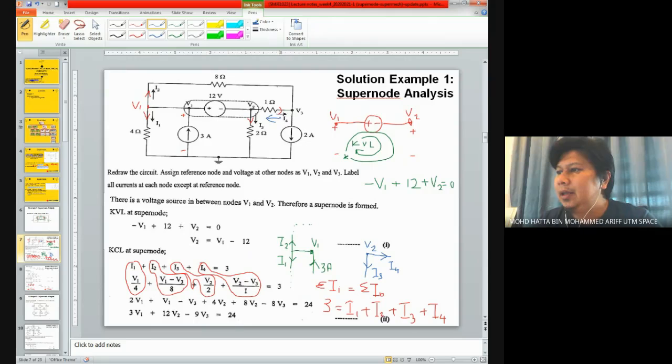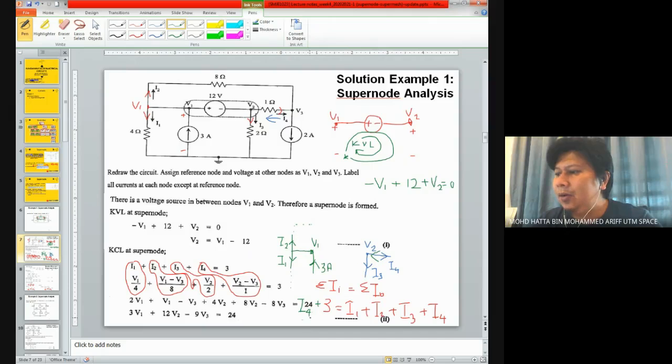If you change the current direction to be that way, it means that we're going to have current coming into V2. And for the Kirchhoff current law equation we have down here, you need to include I4 over here, considering it as I into the supernodes.